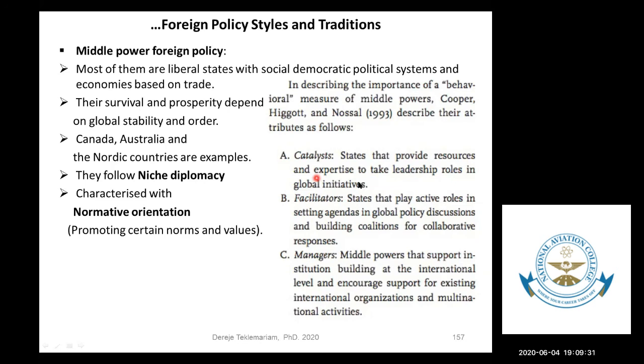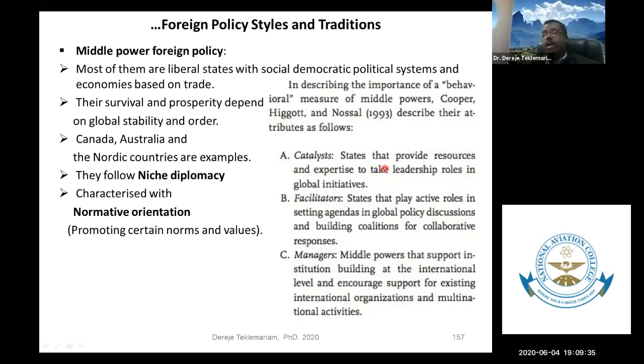If you see, I remember, for example, one university in Ethiopia where more than 42 PhDs were produced through a single Norwegian project. Even facilitators, they are also considered as facilitators. Why do they call them facilitators? Because these middle states play an active role in setting the agenda.